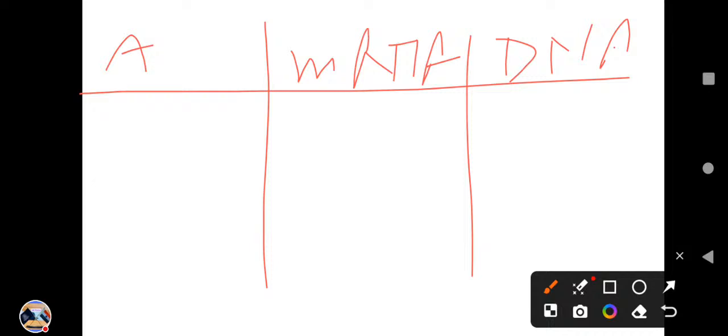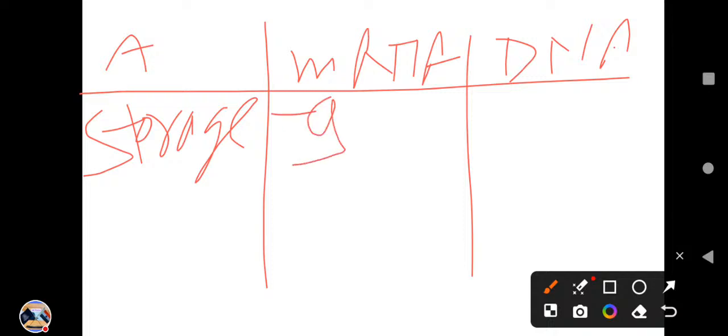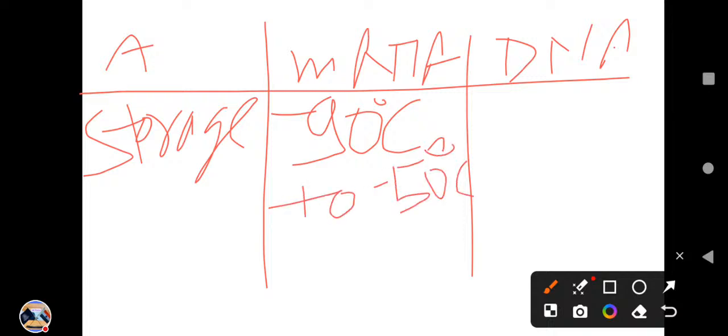Okay, next is storage. The mRNA vaccines require ultra low temperature, like minus 90 degrees Celsius to minus 50 degrees Celsius. The mRNA vaccine cannot survive outside this range in storage and transportation.